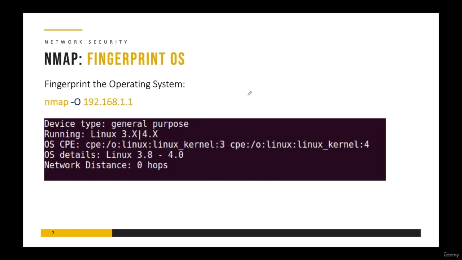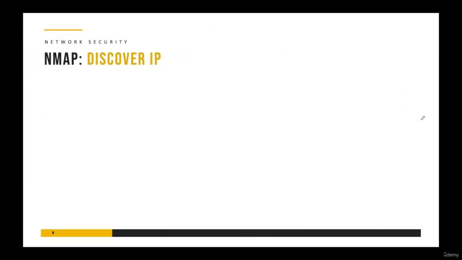In this instance, we see that it's a Linux kernel running on the destination. This gives a lot of firepower to the attacker because once he knows the exact operating system and the version, he can do some research offline and find out vulnerabilities or known weaknesses of that operating system and then target the attack. So next is discovering IP addresses.